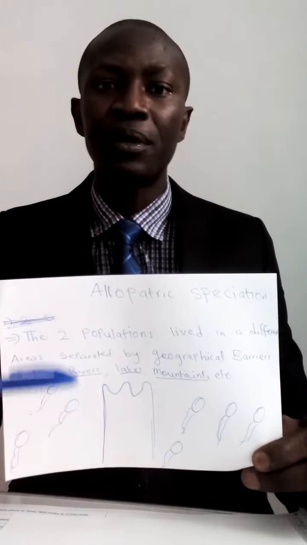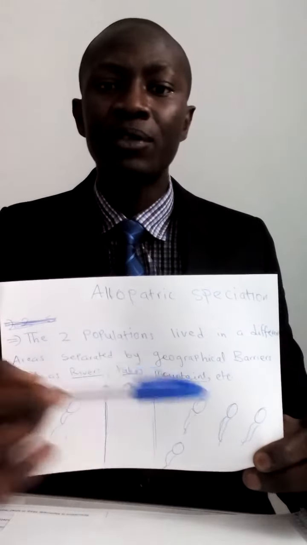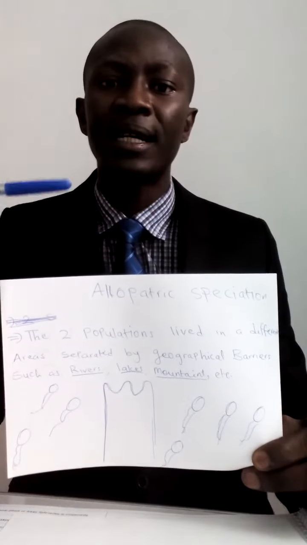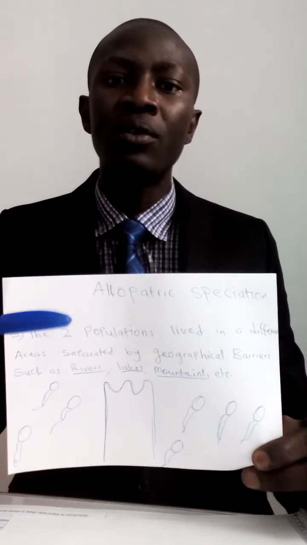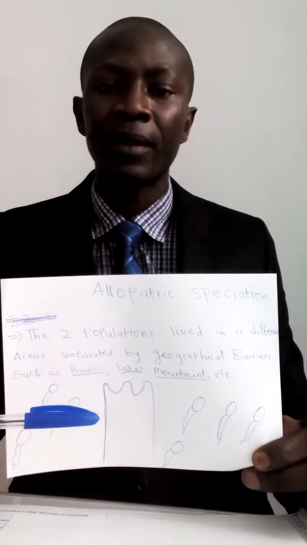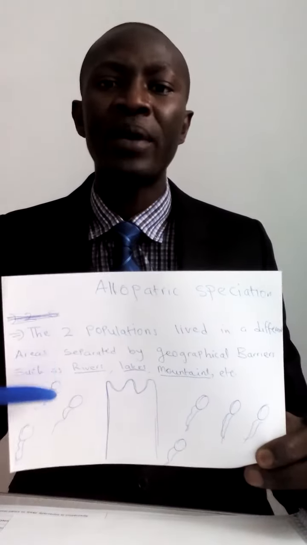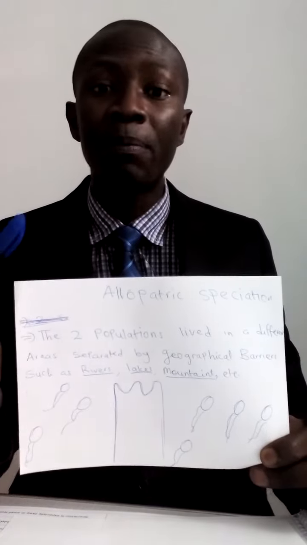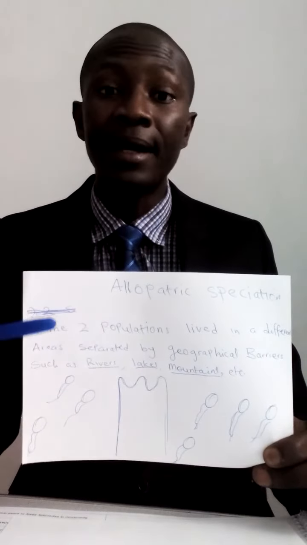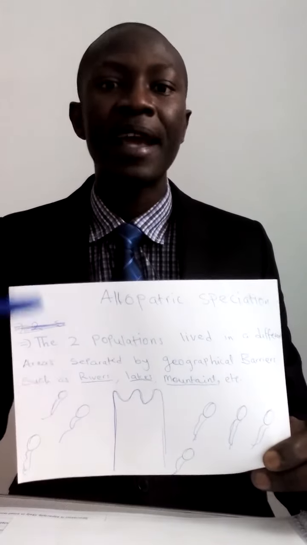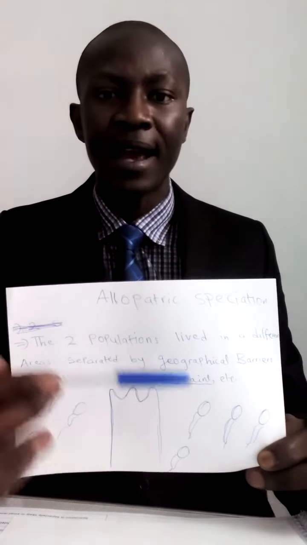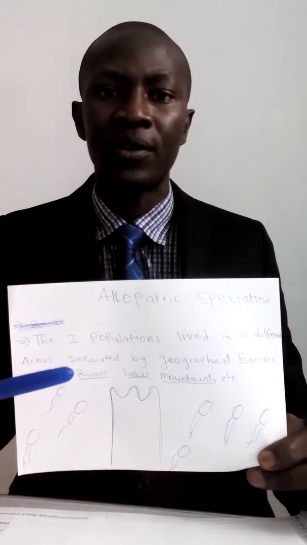Different factors will prevent these two populations from being able to mate, so that they become reproductively isolated. So this is one of the ways by which speciation can occur: allopatric speciation. And this is the main hypothesis explaining how speciation occurs.